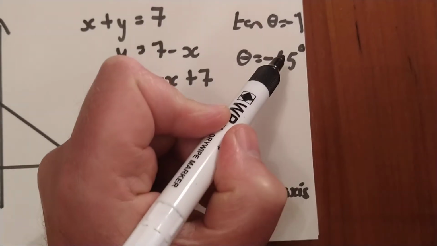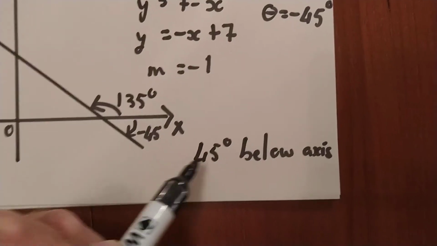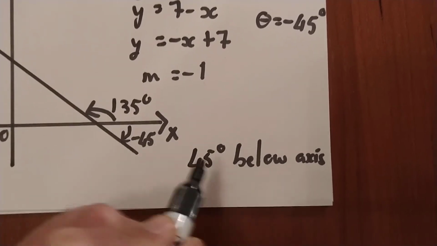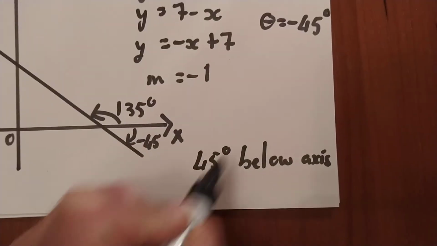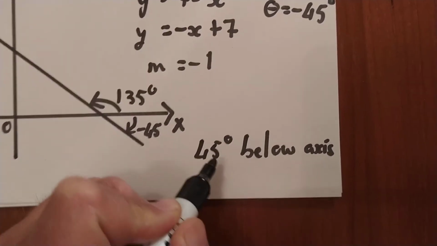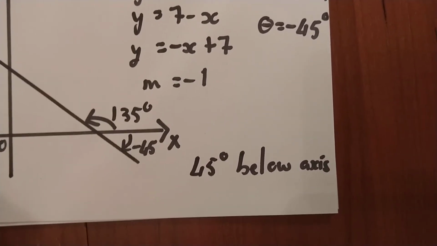But going from minus 45, if they say they want the acute angle, and you say that's 45 degrees below the x-axis, well, they didn't ask you to say it was below, but that shows that you know why negative 45 degrees gives us an answer of positive 45 degrees, that we're not just dropping the minus sign because we didn't know what to do.